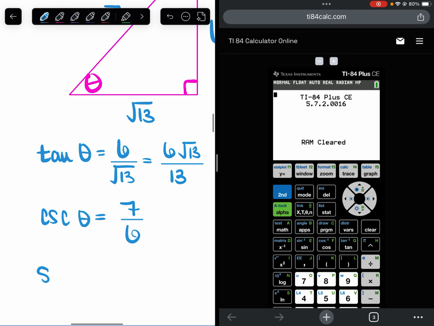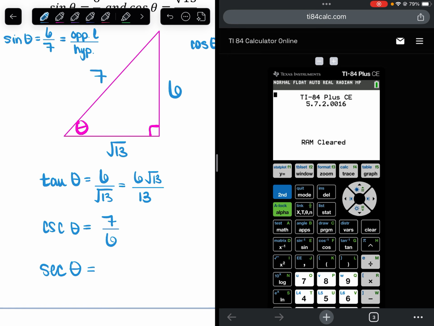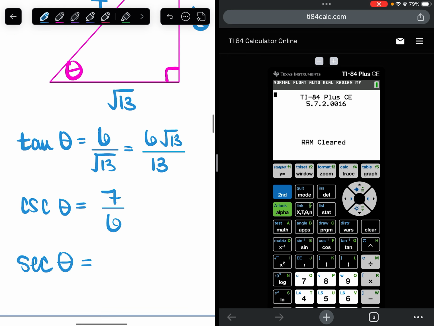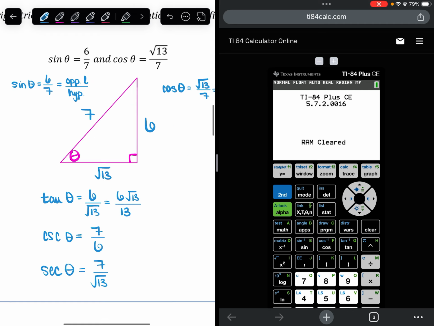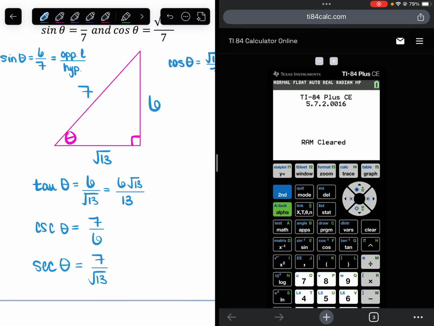I need secant. That's kind of an ugly secant, but it'll work. Secant is the reciprocal of cosine. Cosine is adjacent over hypotenuse. So we're doing hypotenuse 7 over adjacent square root of 13. Or we could have just taken what we were given up there for cosine and reciprocaled it.